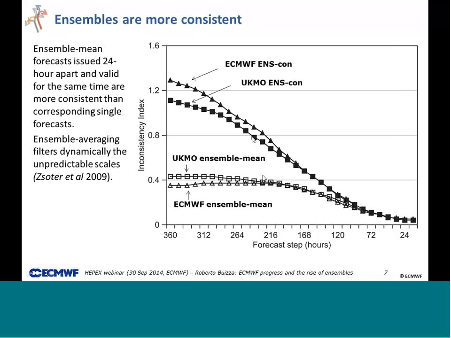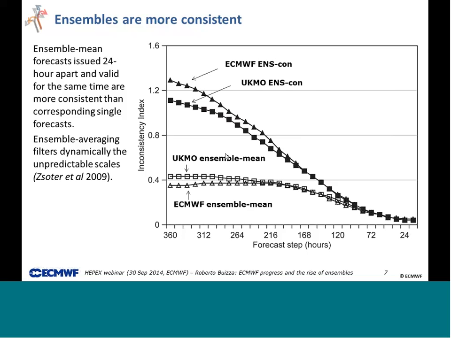In fact, these curves have been generated by normalizing the error, which in some way this inconsistency is defined as the distance between the two ensemble means normalized by the variability of the ensemble mean. And for the control forecast, it's the distance between two consecutive control forecasts normalized by the variability. So this is taken into account.